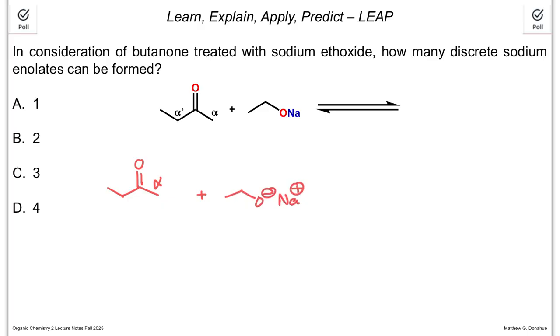So let's consider each alpha carbon separately. This one called alpha is a methyl group. It has 3 hydrogens. I'll show one of them and do the deprotonation. So we have alpha carbon H. Sodium ethoxide is the base, so the base is going to abstract that hydrogen.